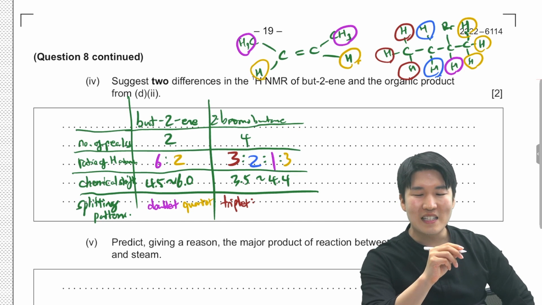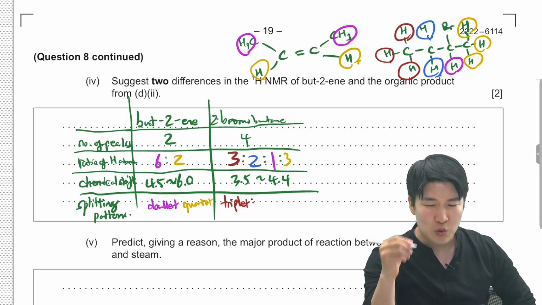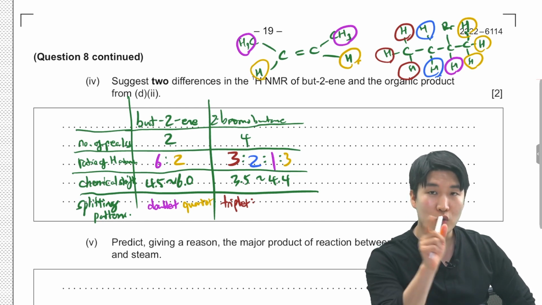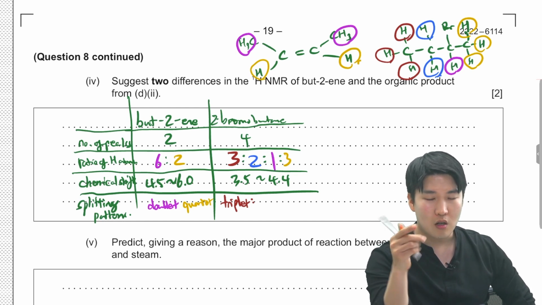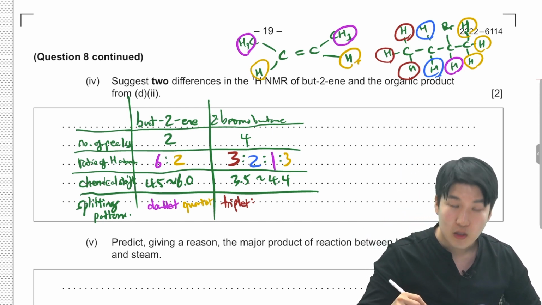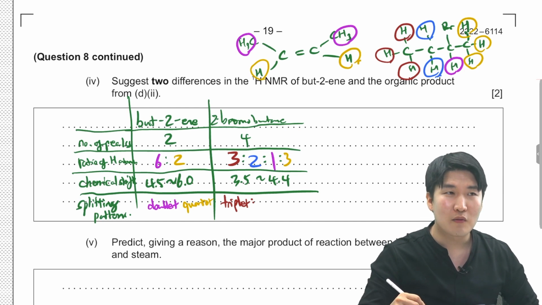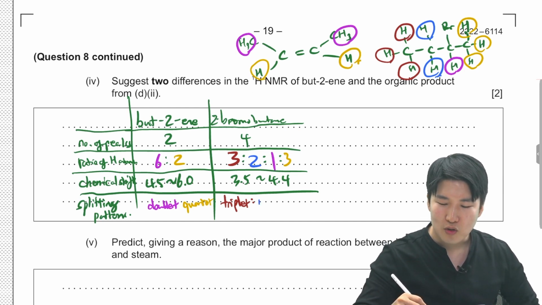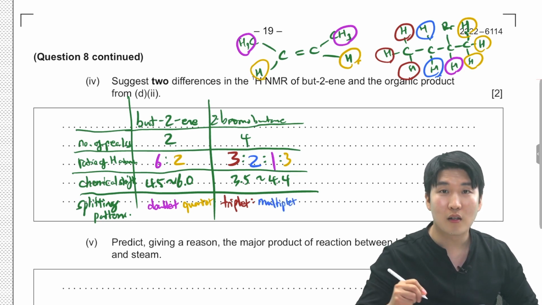But not only is it bonded to CH3, it's also bonded to CHBr. Now, it's bonded to 2 carbons that in total are bonded to 4 hydrogens. That's 4 plus 1. If we use the Latin numeral, it should be quintet, but let's just call it multiplet.